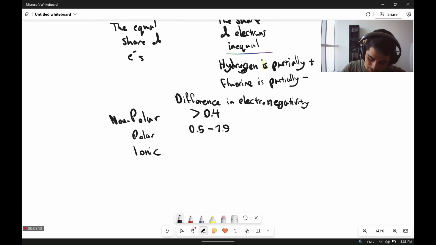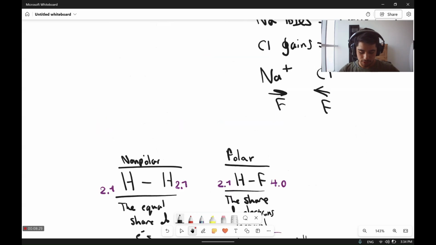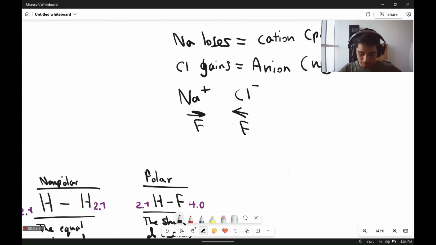And if it's more than 1.9, it becomes an ionic bond. The easiest way to spot an ionic bond is when there is a metal and a non-metal. For example, we saw Na and Cl.